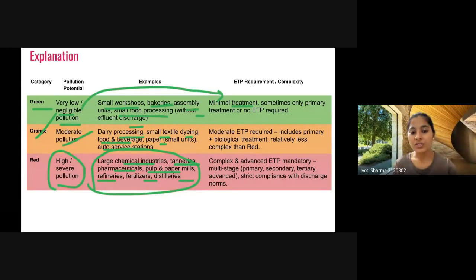If it is orange, then a moderate ETP is required. But if it is red, then there are a lot of steps that we have to follow: primary, secondary, tertiary, and even after that we have to follow a lot of steps so that hazardous contaminants do not run into the river and all, right?